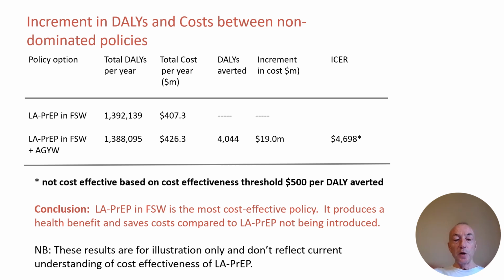So that is not cost effective based on the cost effectiveness threshold if we were using $500 per DALY averted, for example. So the conclusion we would draw is that LA PrEP in female sex workers is the most cost effective policy. It produces health benefit and saves costs compared to LA PrEP not being introduced.